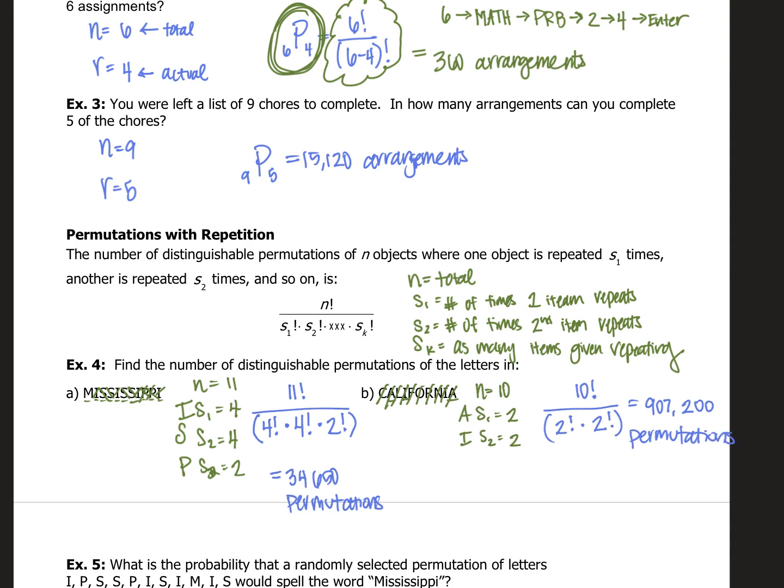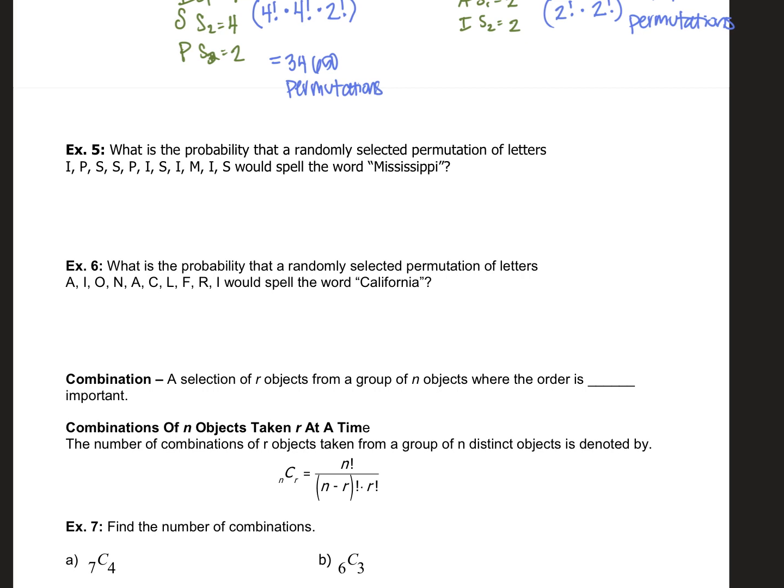Okay, moving right along, let's look at example 5 now. It says, what is the probability that a randomly selected permutation of letters would spell the word Mississippi? So we're kind of going back to what we talked about yesterday when it comes to probability.